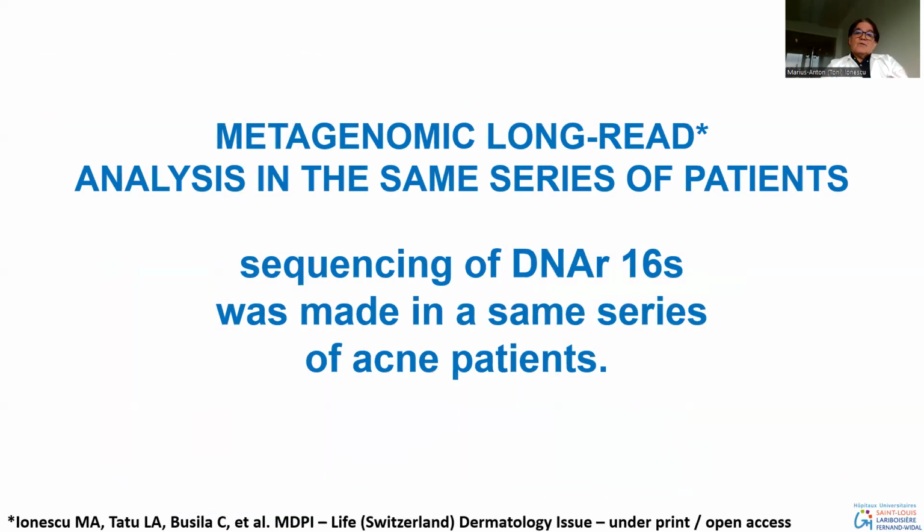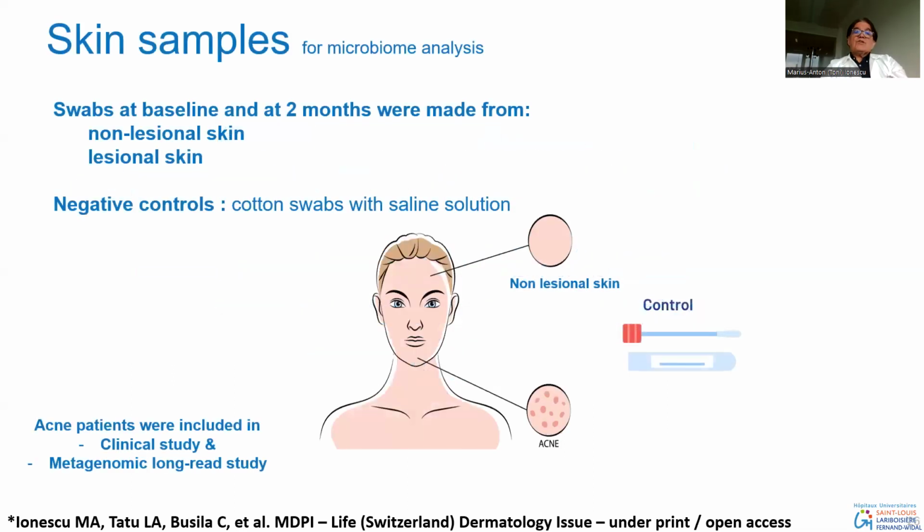And as I already underlined, we made a metagenomic long-read, full-length sequencing of the ribosomal DNA 16S in the same series of patients. We took skin swabs at day 0 and at month 2, from non-lesional skin and from acne skin.